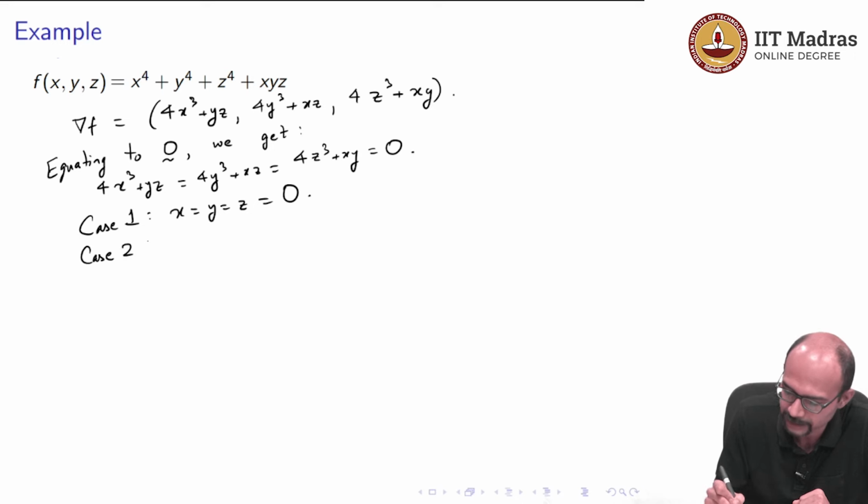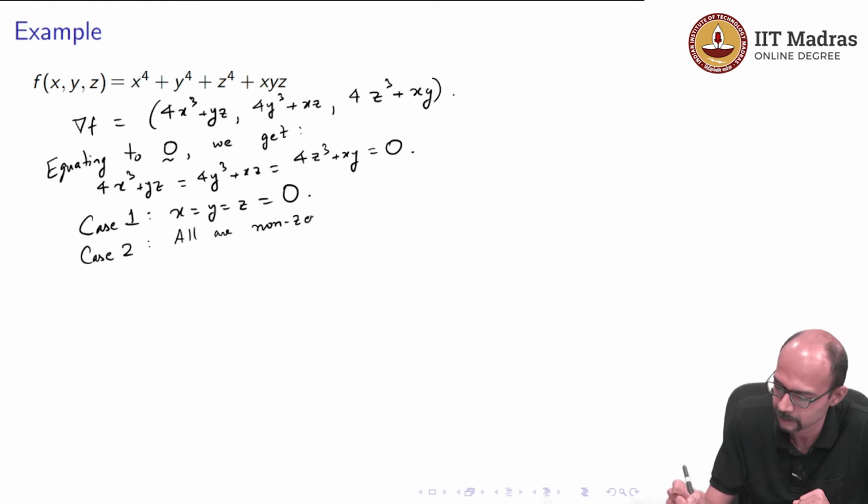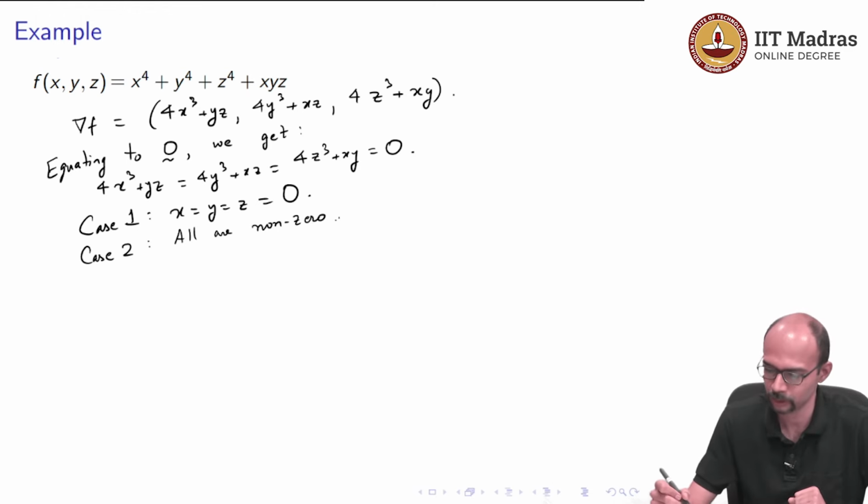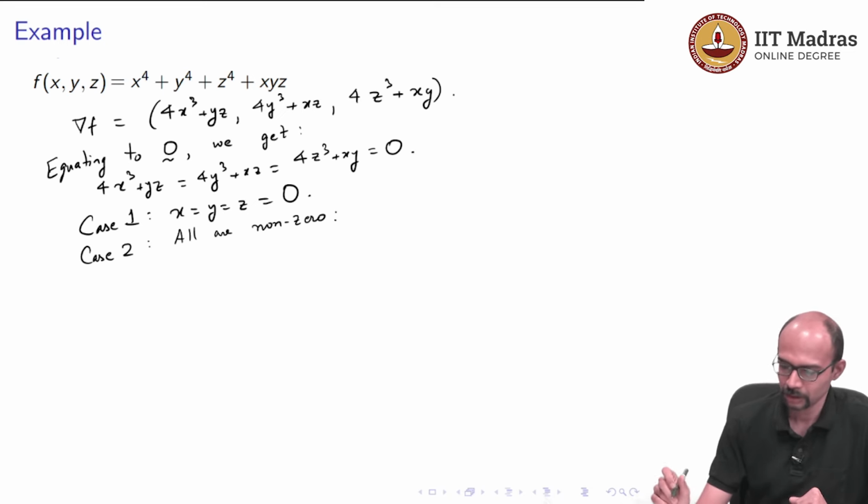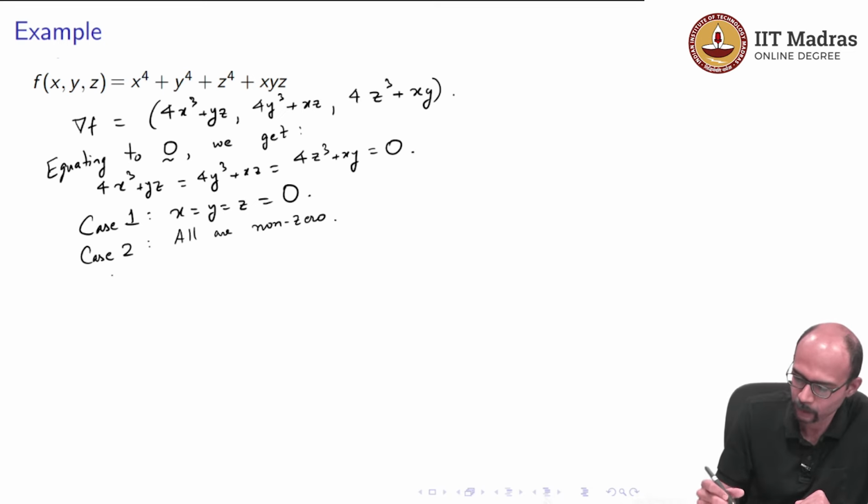The other case is where none of them are 0. So, all are non-zero. In that case, we can multiply each of our equations suitably.